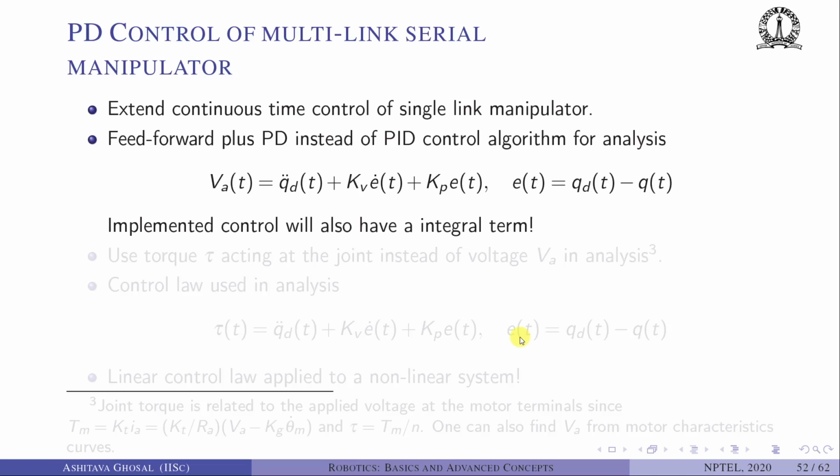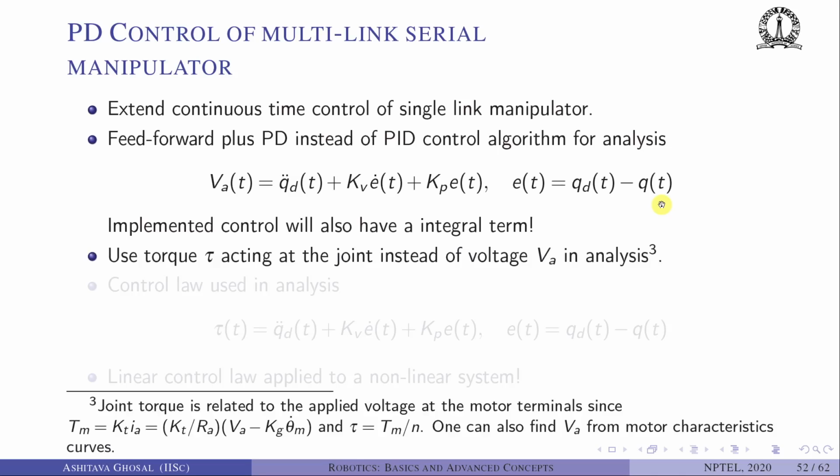There, the voltage applied is proportional to QD double dot, which is like acceleration, plus kV into E dot of t plus Kp into E of t, where E of t is QD minus Q. This is implemented with the integral term, but we will not consider the integral term in this analysis. Another important thing is we use torque acting at the joint instead of the voltage in the analysis.